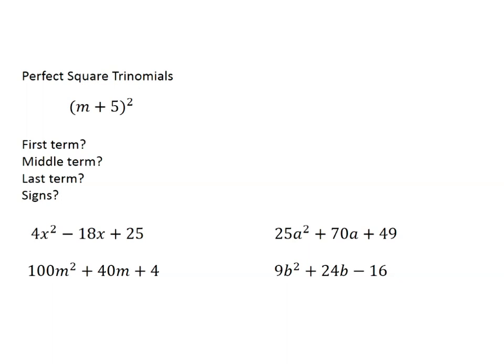Perfect square trinomials. So let's start by multiplying this out. M plus 5, the quantity squared, means we have to do m plus 5 times m plus 5.